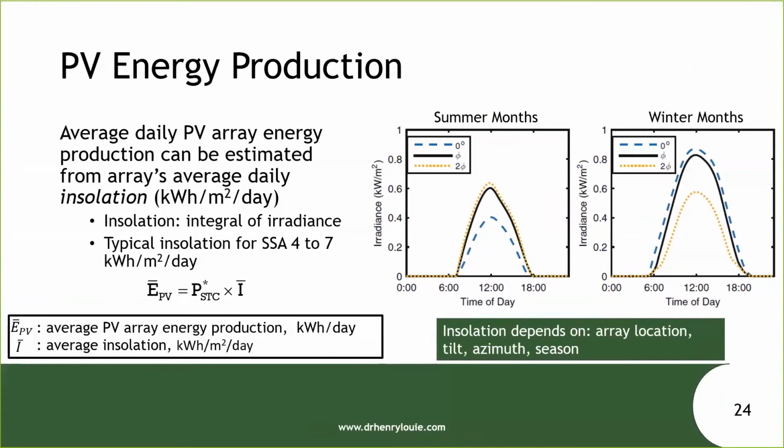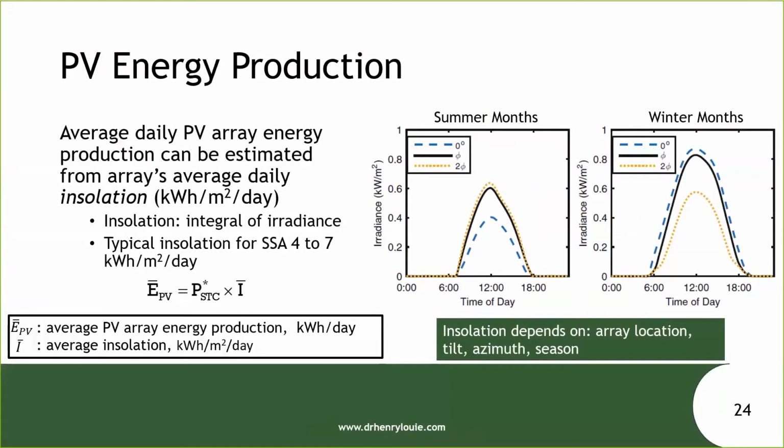Now on the right there, I've shown you how the tilt might affect the power production over 2 different seasons. I've shown it when the PV array is flat on the ground, which is the dashed blue line, when it's tilted at latitude, which is the black line, and when tilted at twice the latitude.